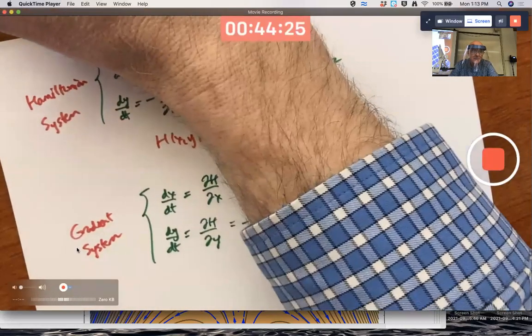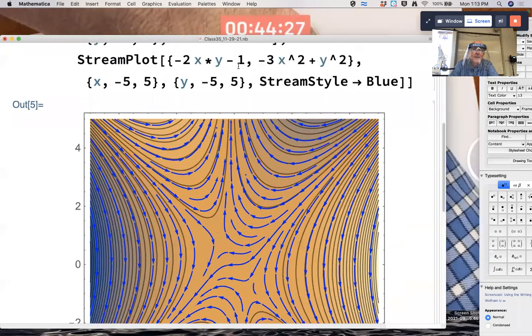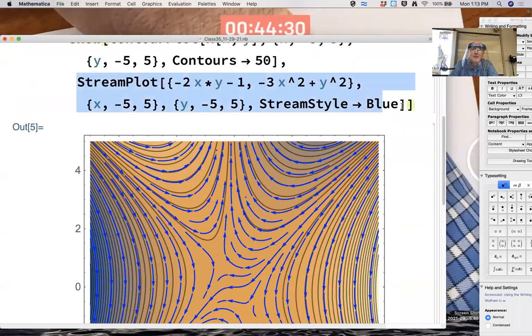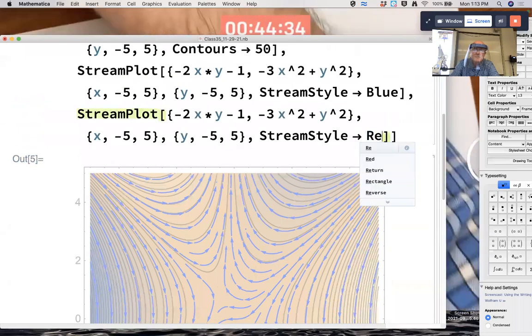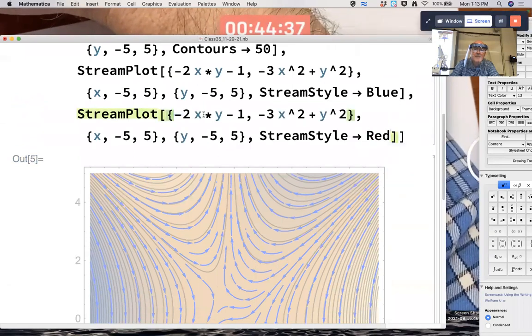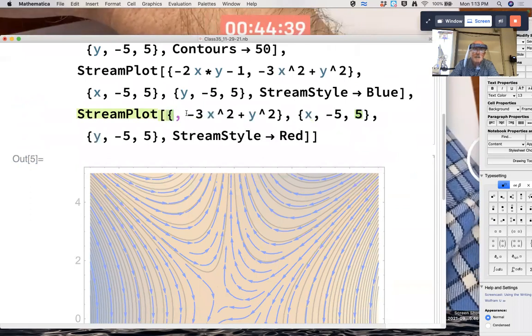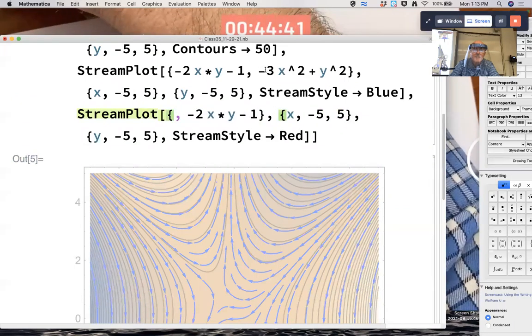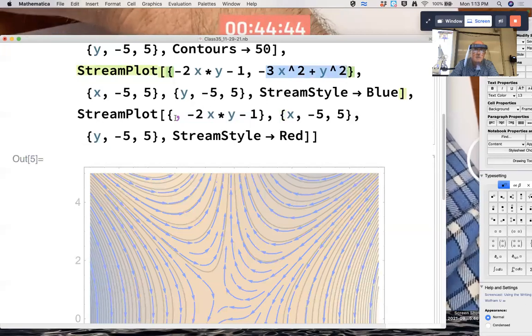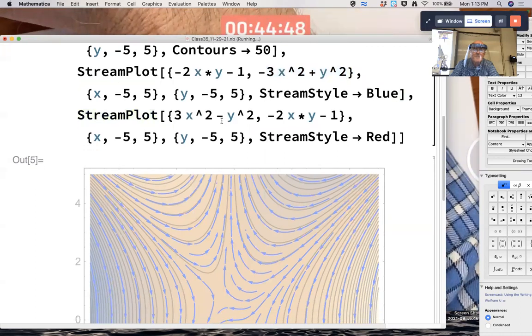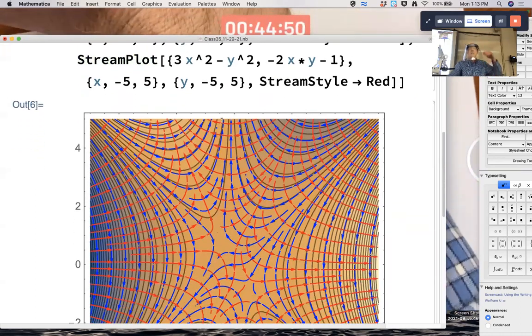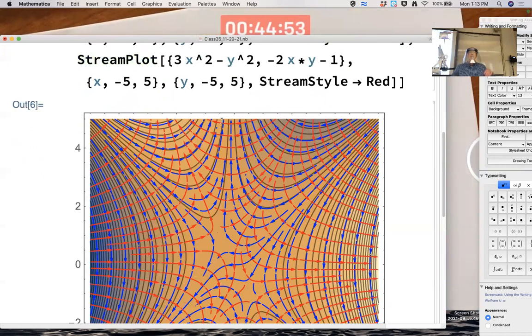So if I also do a stream plot, say with red solution curves instead of blue, and make this the second component of the vector field, and make this one with the signs changed to be the first component. These red curves are perpendicular to all the blue curves. Every time they cross one of the blue ones, they cross perpendicularly.